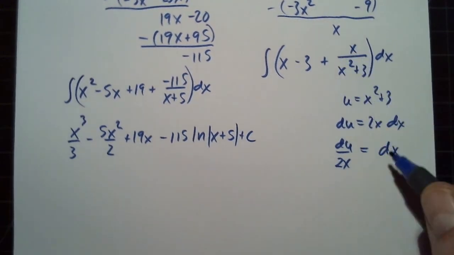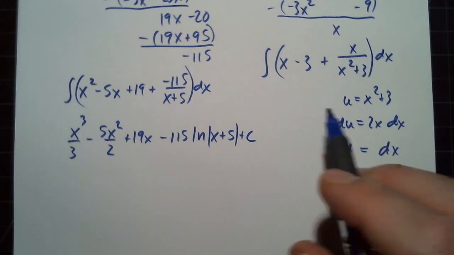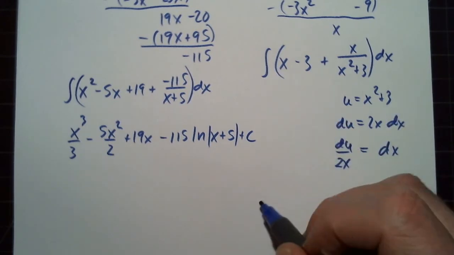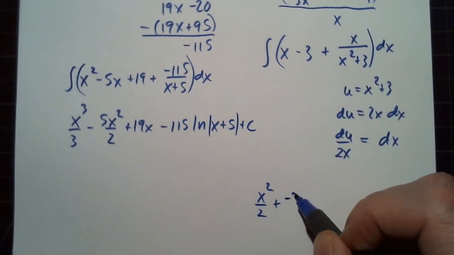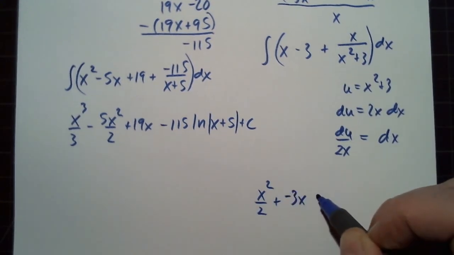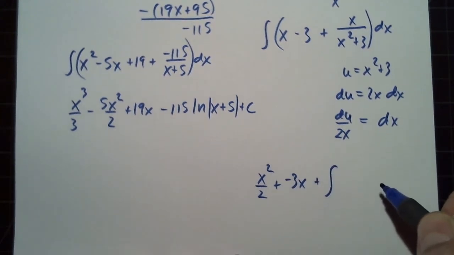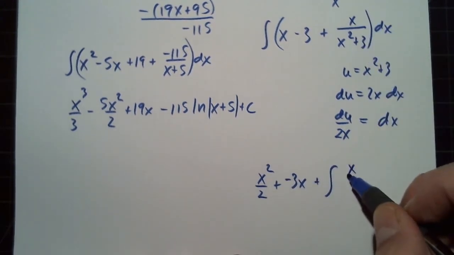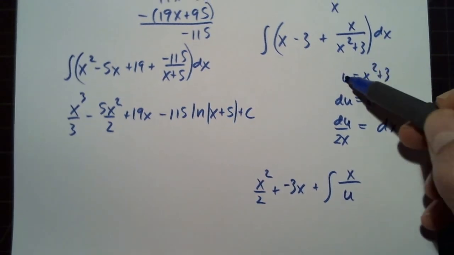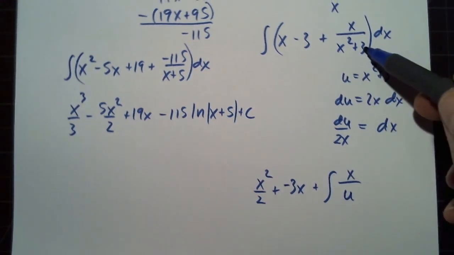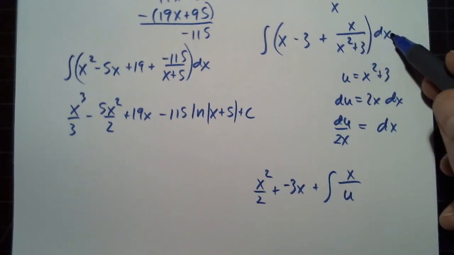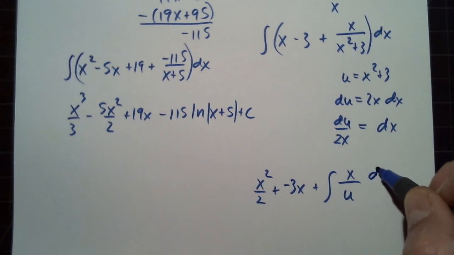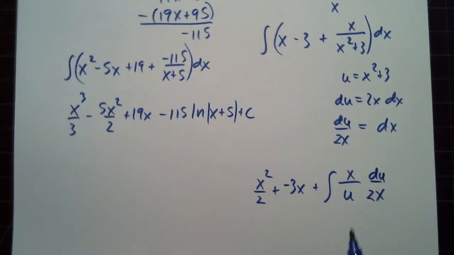So just focusing on that, we could write x squared over 2 for this, minus 3x, and then we'll have x over u. So u is x squared plus 3, and then we just copy the x and substitute for dx. dx is du over 2x, and we'll cancel the x's.